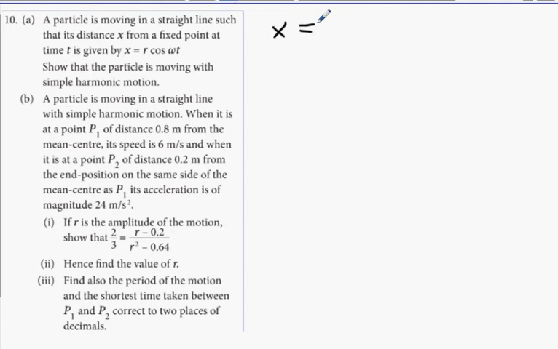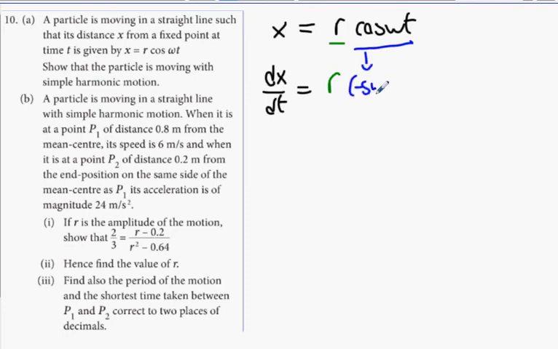x, the displacement, is r cos omega t. The first derivative is the velocity. Differentiate once. r is a constant, it stays on its own. The differentiable part is the cos omega t. Cos changes directly into minus sine omega t. The angle remains unchanged. Then you actually have to look at the angle and differentiate the angle with respect to t.